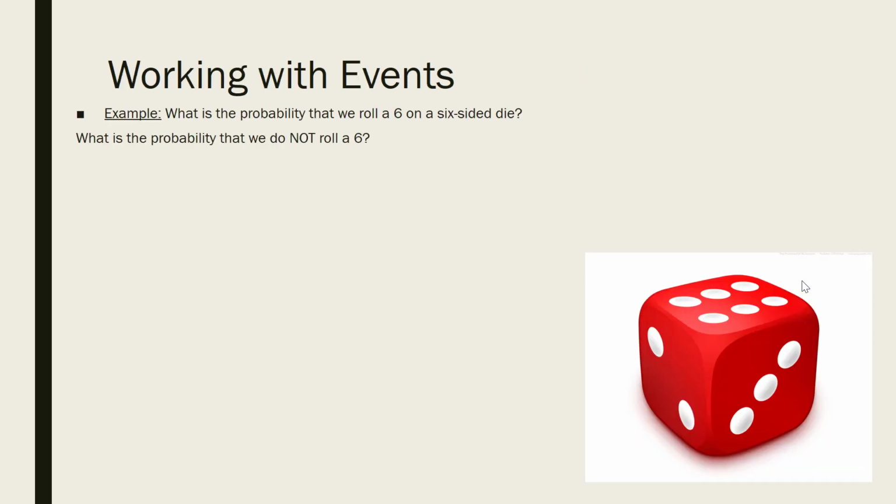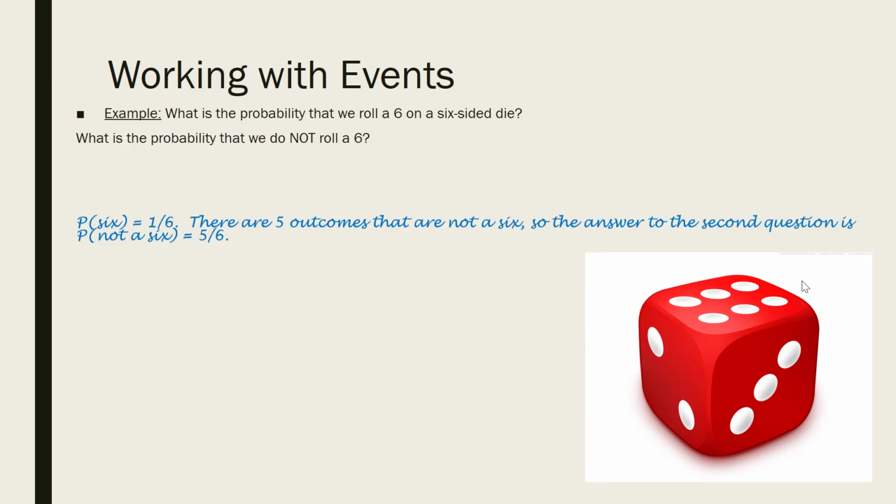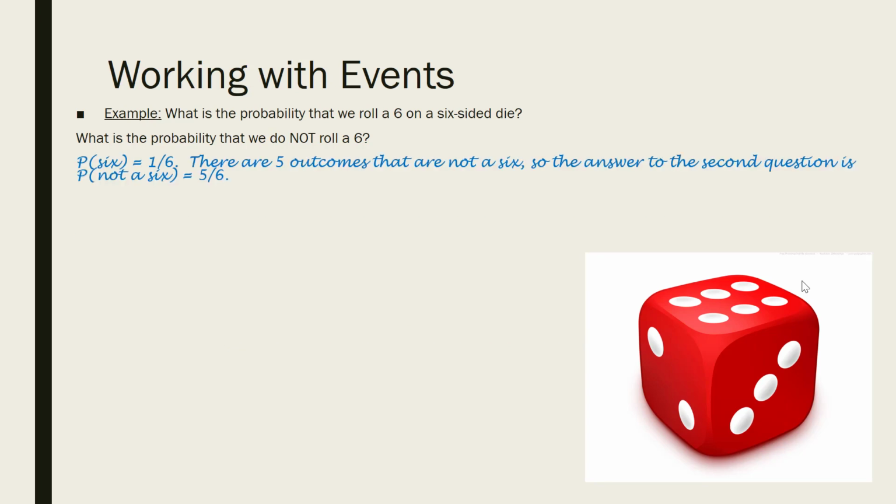Now we're going to be working with events. So we have the next example, which says, what is the probability that we roll a 6 on a 6-sided die? And the second question is, what is the probability that we do not roll a 6? So the first one we can figure out pretty easily. The probability of getting a 6 is 1 out of 6.